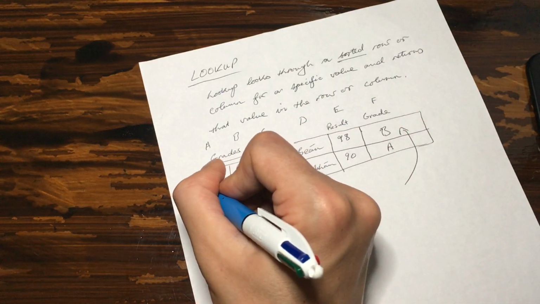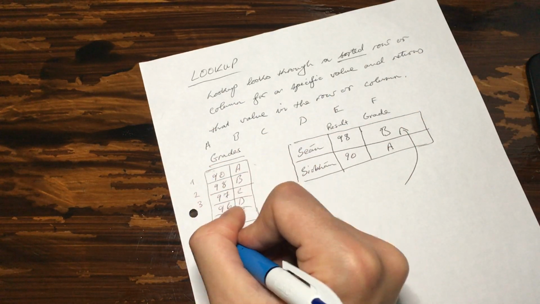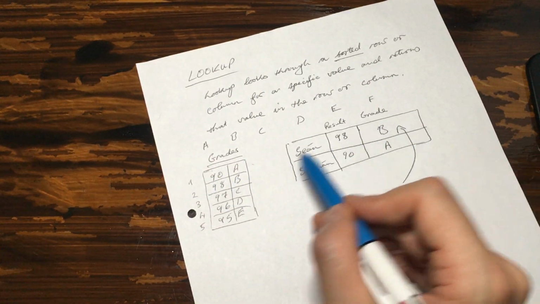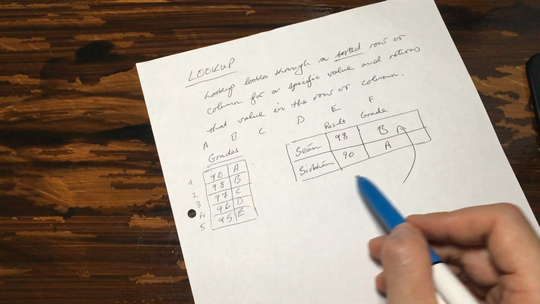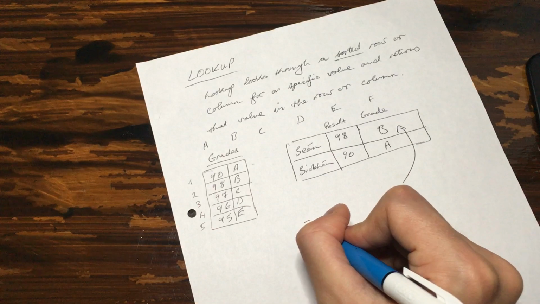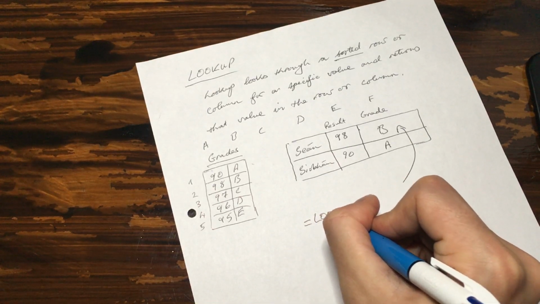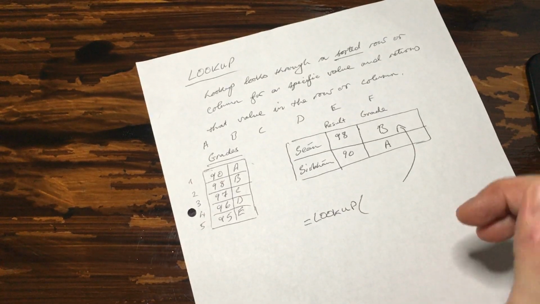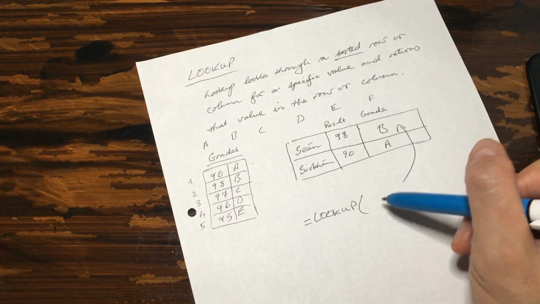And here this is just 1, 2, 3, 4, 5. Okay, so this is all 1, 2, and then the third one would be underneath here. Okay, so what's the formula for this? So I'm just going to do equals LOOKUP, open the brackets, and what I need to do is say what I want to look at, right?